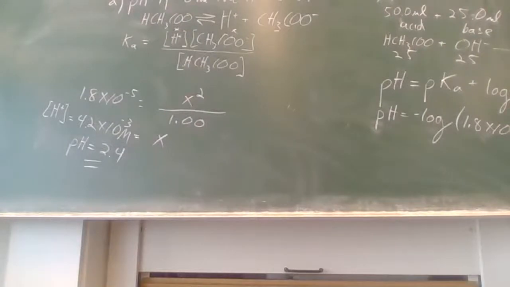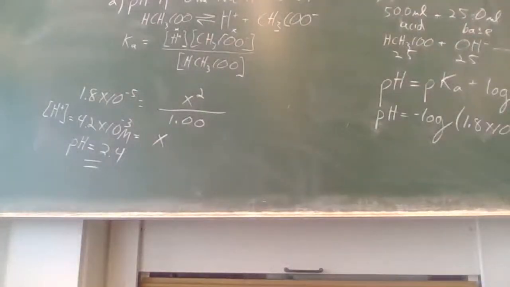It was 1 molar NaOH. It was 1 molar acetic acid. And I've converted from the 1 molar acid, I got 25 milliliters of it left. From the base, I've converted 25 milliliters from the acid. So I've got the same amount there. Can I say that?